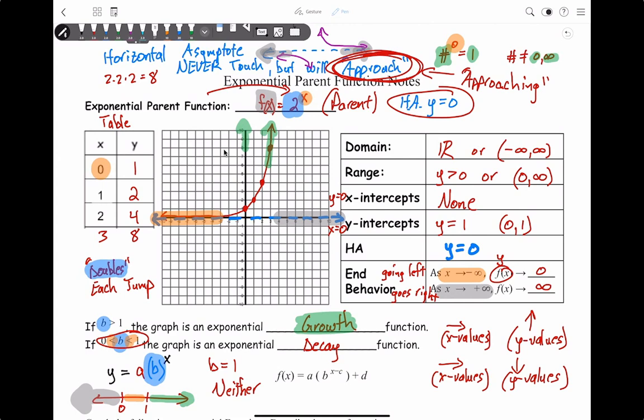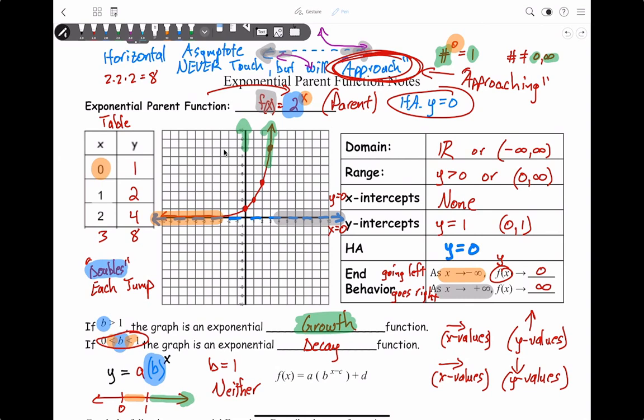So we don't want you thinking of that as just one change, one transformation. Let's say that it was -2 or something to that effect. It would be a little bit more involved as far as how you're interpreting that. So let's just look at it this way: b will be a positive number, and it will be either between 0 and 1, or it will be greater than 1.